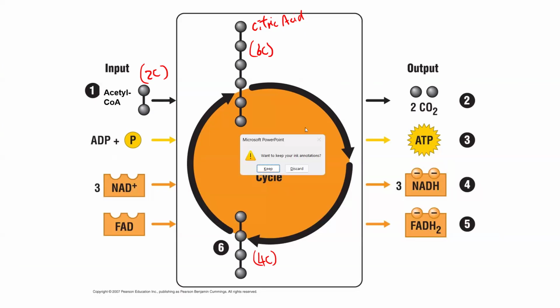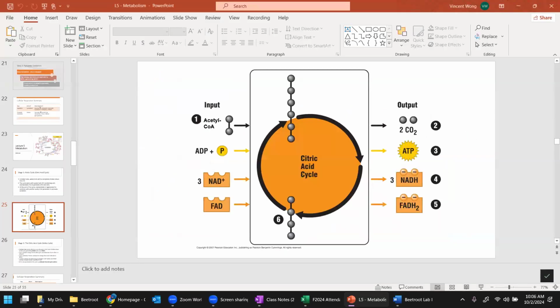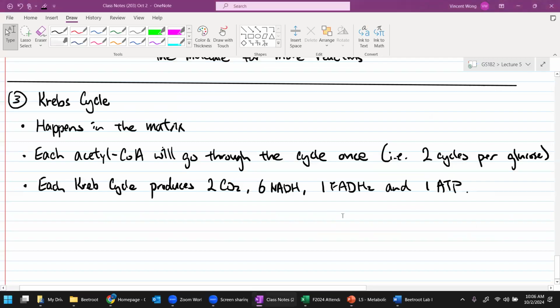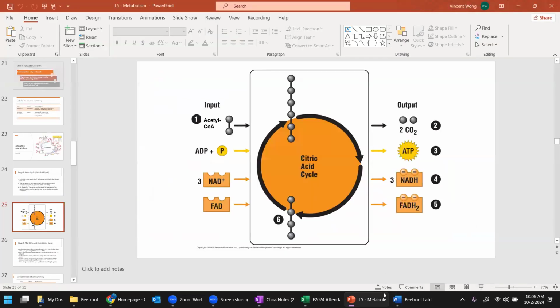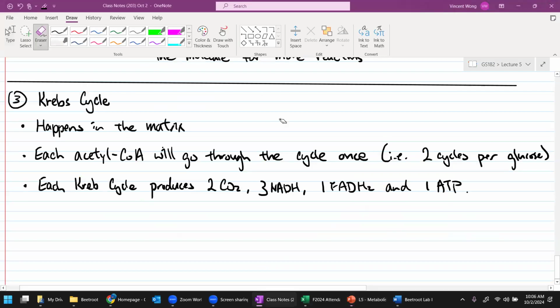Okay, so let's put this on the summary sheet, and then I'll tell you a little bit more. Okay. I actually wrote it wrong here. This should be a 3. I'm so sorry. 3 NADH. Okay, because I was thinking about 2 cycles. So please fix that. 3 NADH, 1 FADH2, and 1 ATP.